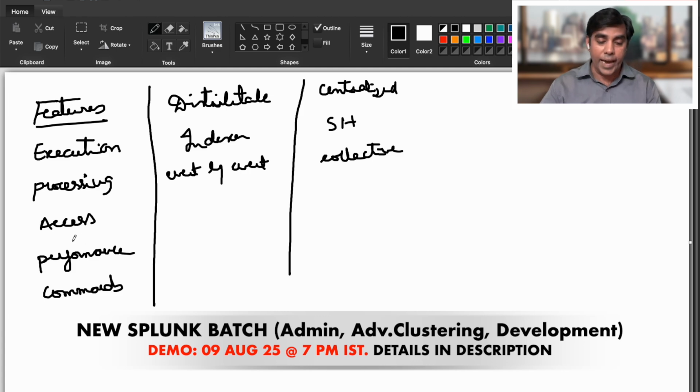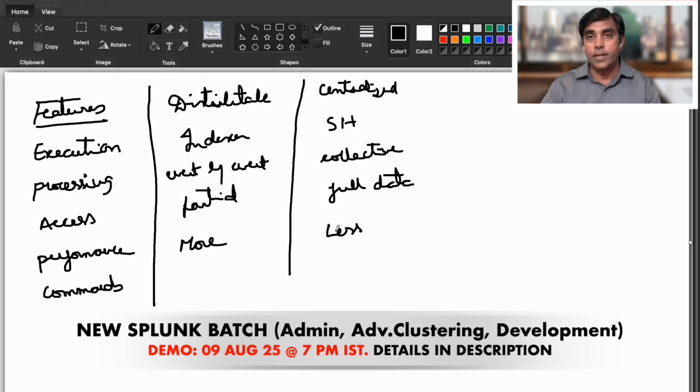And when it comes to access, with distributable streaming commands only partial data we can access, whereas here full data we can access. Full data that is coming from all the indexers we can access by using the centralized streaming commands. And when it comes to performance, distributed streaming commands will have more performance when compared to centralized streaming commands.